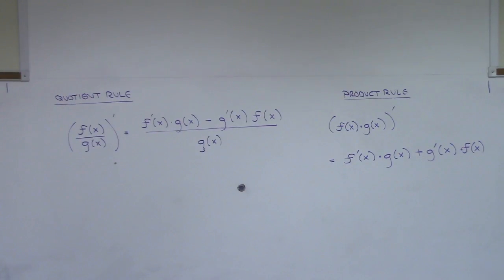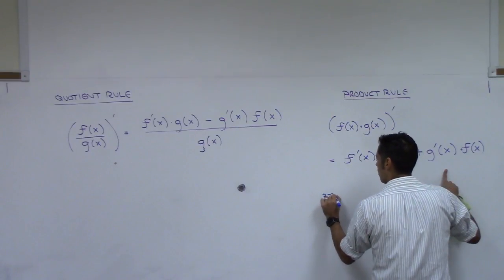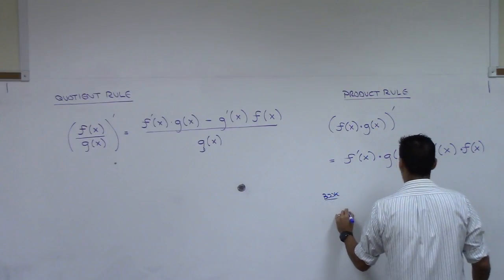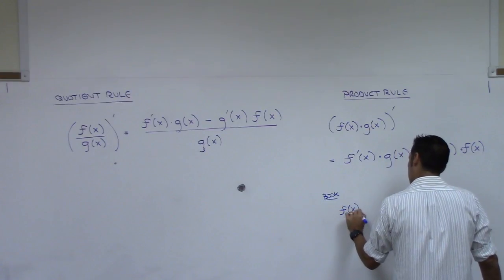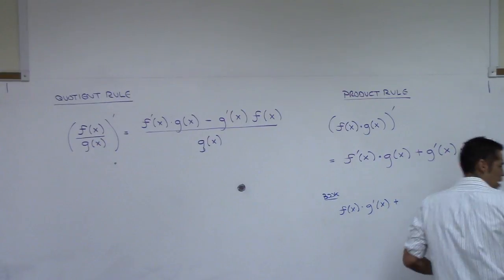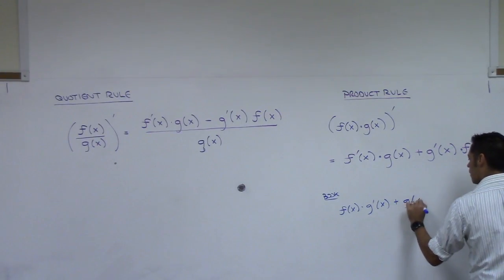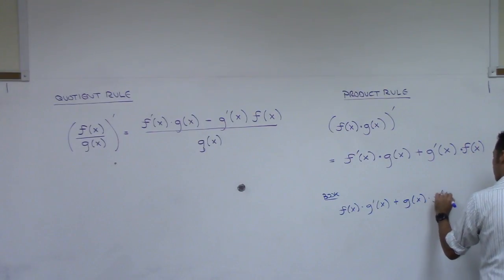In the book, if you were to read the book, it would tell you that the product rule, I'll do it in a different color, the book's version of this is f of x times g prime of x plus g of x times f prime of x.